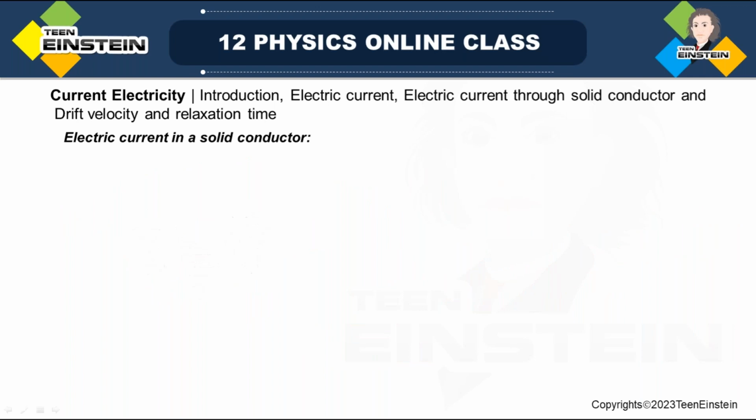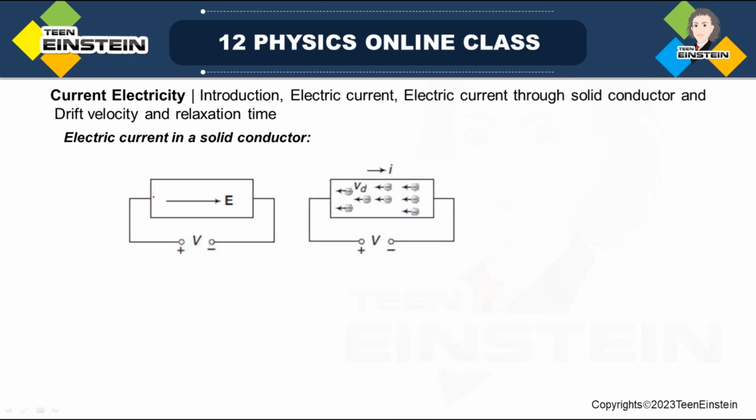Now if I apply a suitable electric potential across the conductor, the same conductor, and just connect it to a battery or cell, as soon as the circuit is closed and the conductor is connected to a battery, providing a potential difference across its length, then due to this electric field the electric charges will have a definite net flow across the conductor.